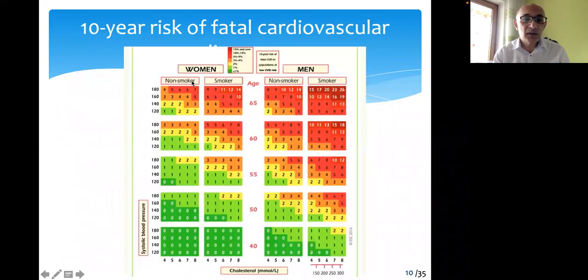And using these risk calculators or the available scientific data like these charts, you can foresee and work on the management of the condition with your patients. Of course, sex is not possible to change, but smoking status can be changed. So when a person changes from smoker to non-smoker, using these risk tables or figures, charts, you easily can convey the message to the patients what is going to be changed.